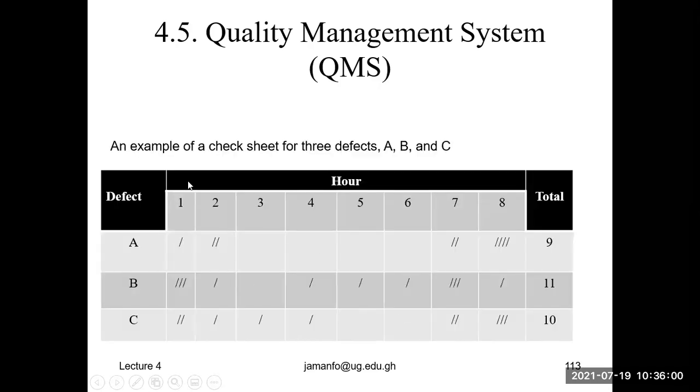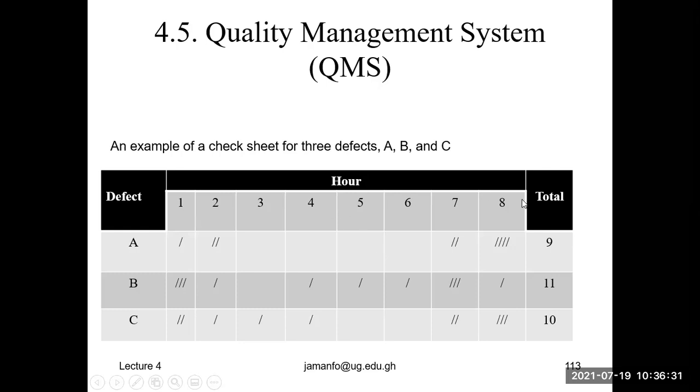So in this our example here, we are producing a product and the key of potential defects are A, B, and C. So we check our output, our products, to see which of these defects are highly frequent.